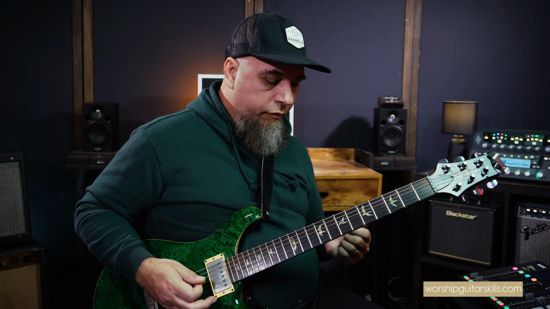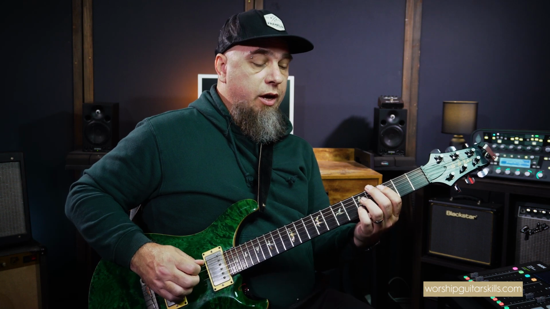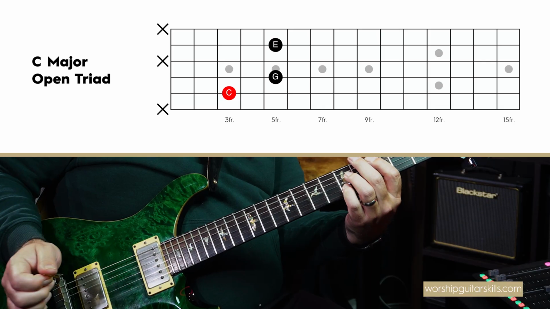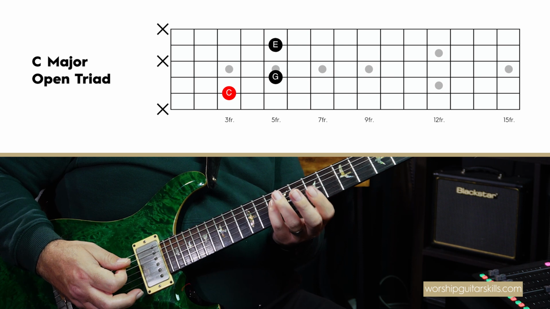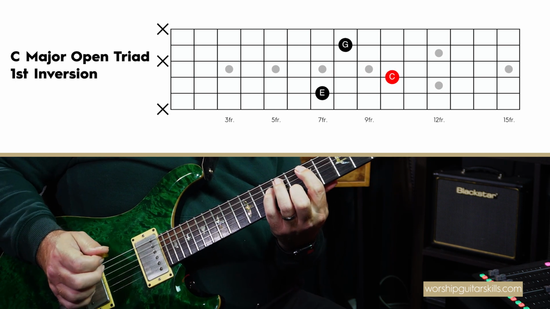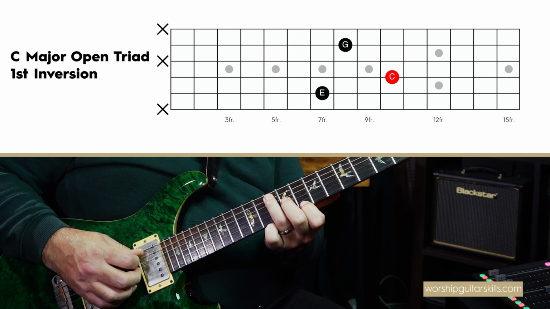Now the great news is it's the same for F and for G. All you have to remember is where the root note is. For my first version here, the root note is the lowest one. For this, my root note is the middle note. And for this, my root note is the top note.